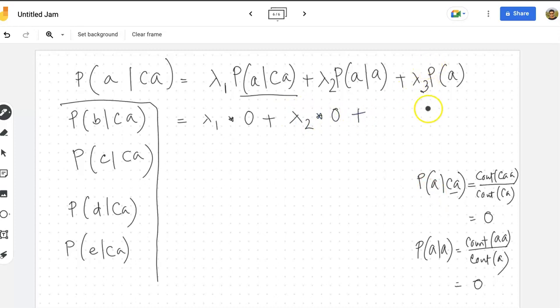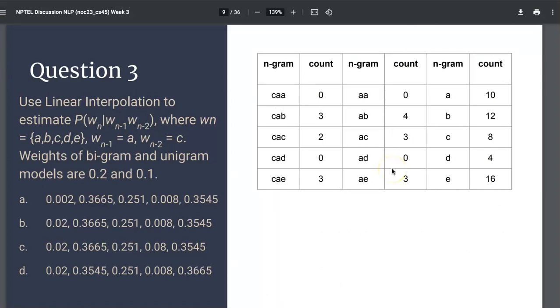Now let's see the probability of A. How to calculate this? The count of A divided by the total count of all. Since we are going with unigram, we need to find the total unigram count.